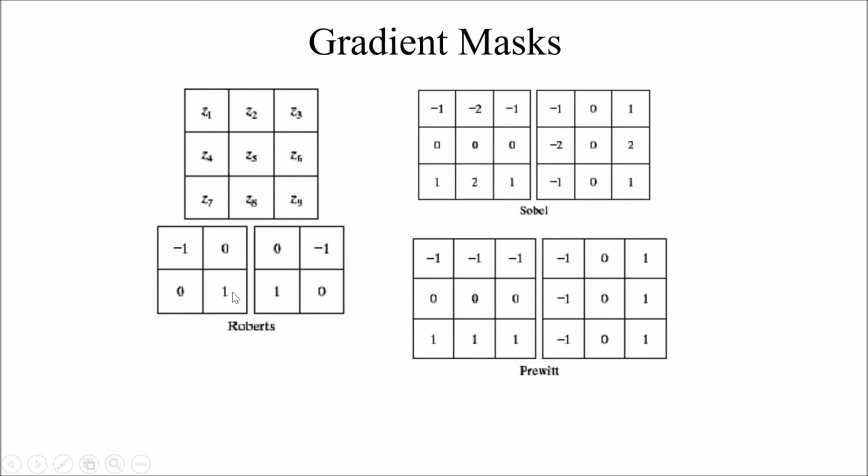For the Roberts, because of the arrangement of the kernel, something like this, this type of kernel will be utilized to determine the edge of the gradient. This will determine lines in the x direction, this is the y direction, and the same thing with this part.